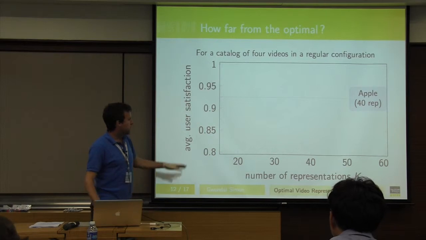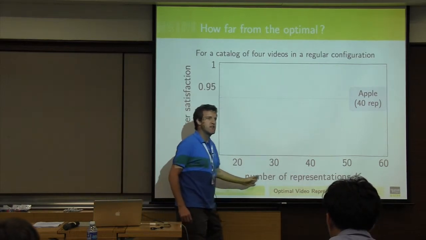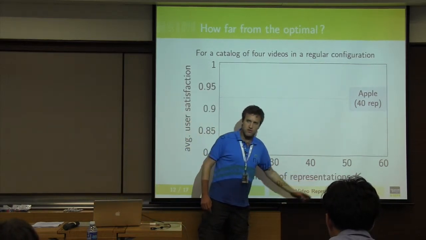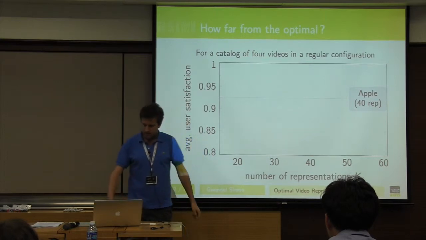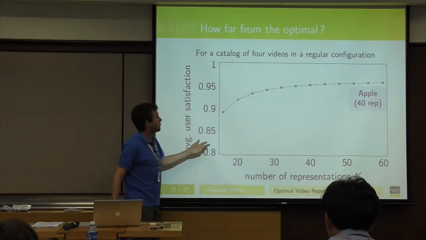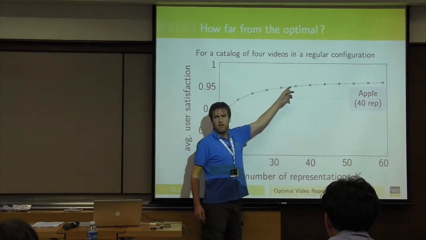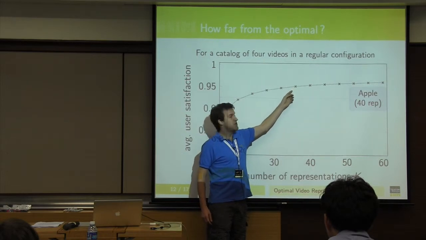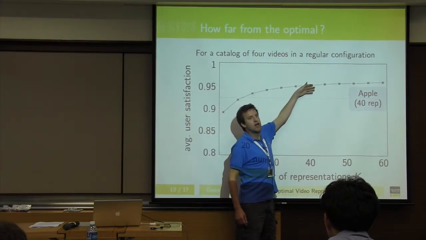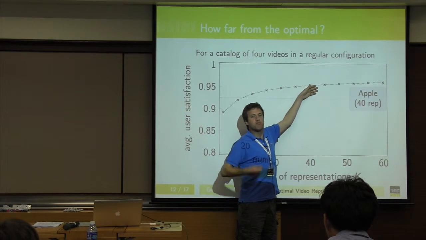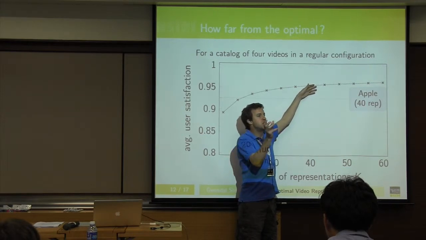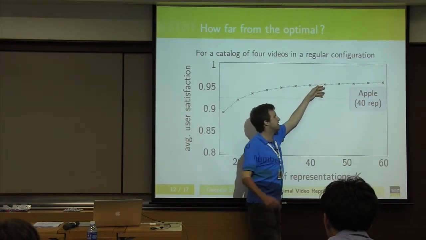And we vary the constraint on the number of representations for the optimal set. And what we obtain is something which is a little bit better than Apple. So it means that after a while, you can have more representations. Basically, you are very close to the optimal, and you can be better than that.